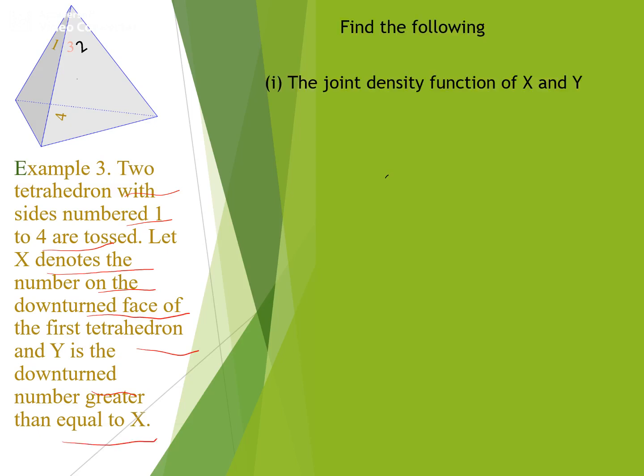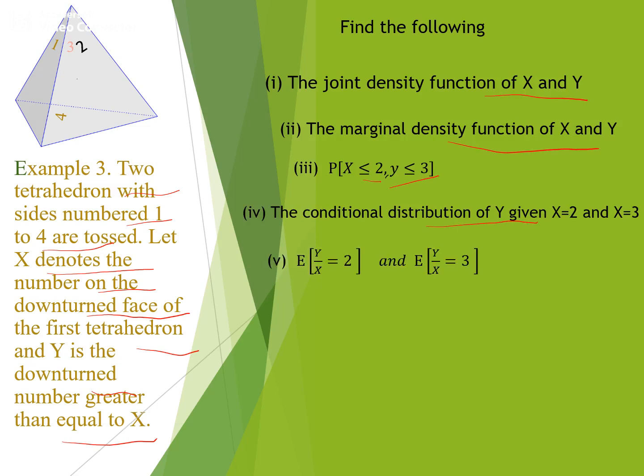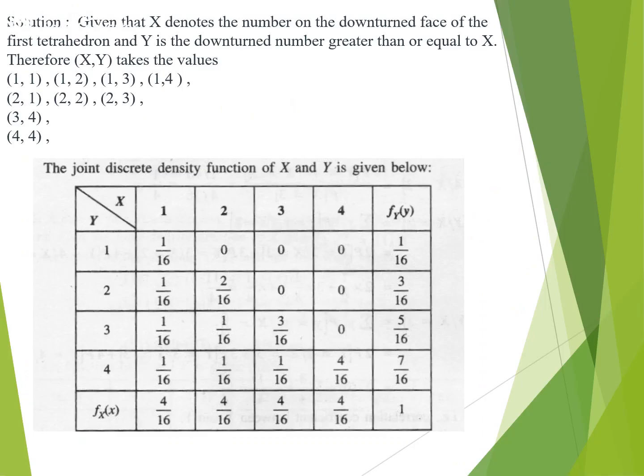We have to find the joint density function of x and y, the marginal density functions of x and y, the probability when x is less than 2 and y less than 3, the conditional distribution of y given x equal to 2 and 3, the expectation of y given x equal to 2 and of y given x equal to 3, and the correlation coefficient.